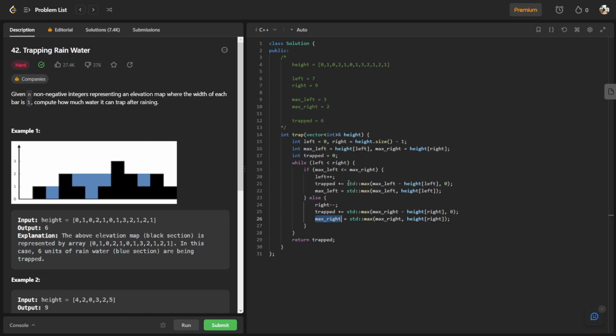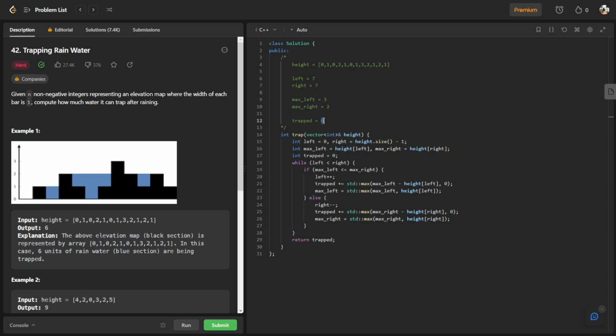Then max right will not be updated because the height is 1. Then we decrement again, and nothing changes because there's no water here. After we decrement one more time, the pointers meet up, the while loop ends, and we just return the trapped value, which for this example will be 6.